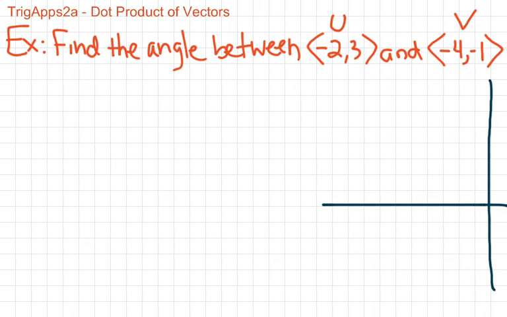I just need to go left 2 units and up 3 units. So each tick mark here is 1, and I will sketch u first. So just plotting that point. I'm starting from the origin, and I'm drawing an arrow at the end. So that's vector u.